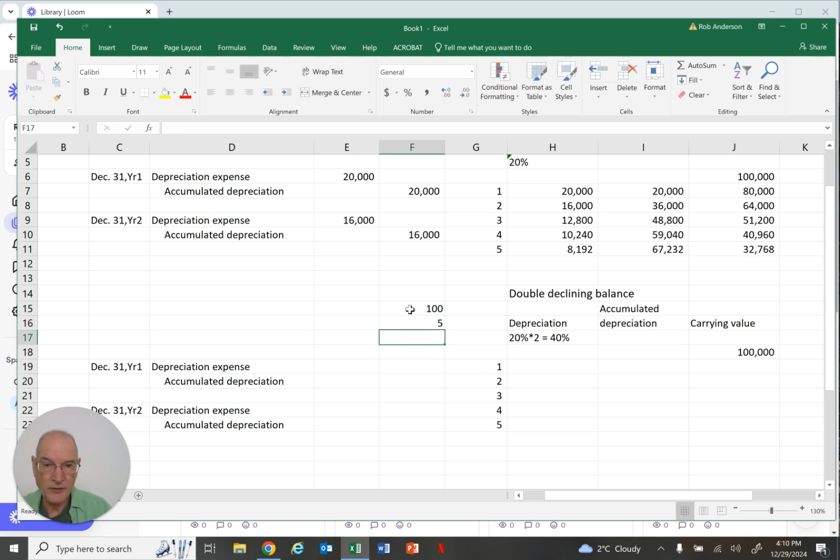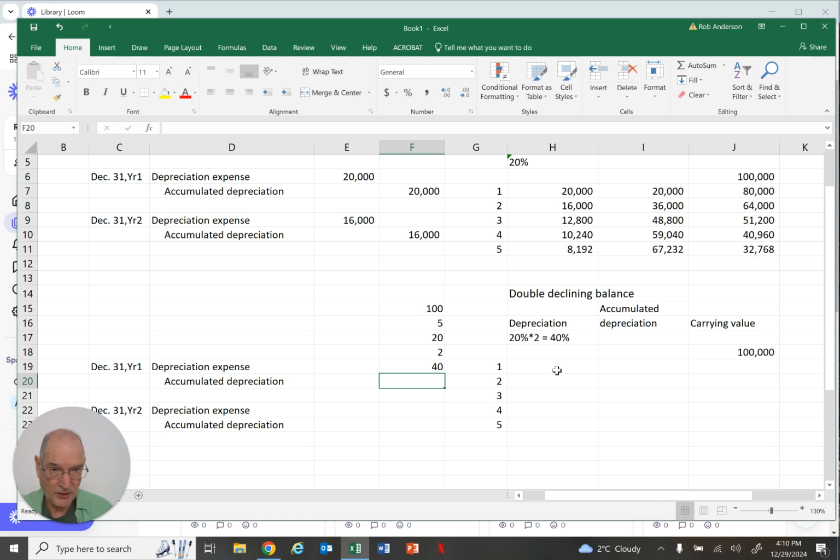Here's our 5 years. So 100% divided by 5 is 20. Double is simply times 2. So we have 20% times 2, and that means our double declining balance rate is 40%.